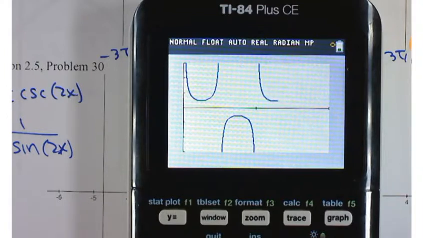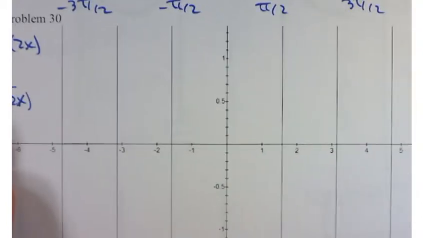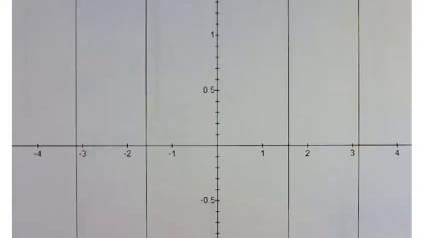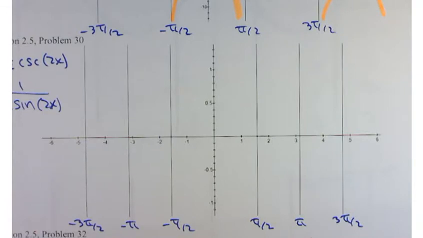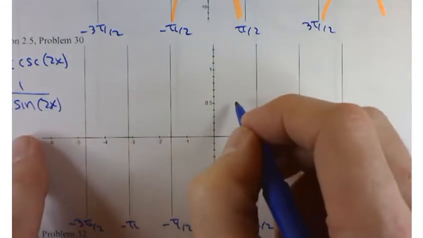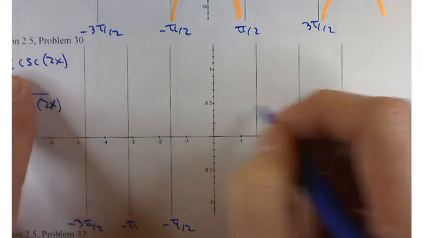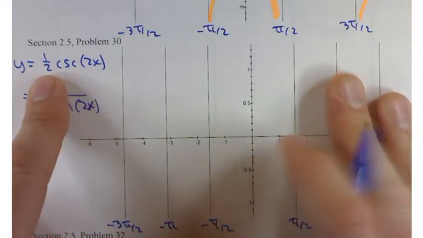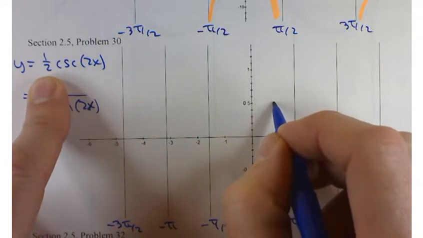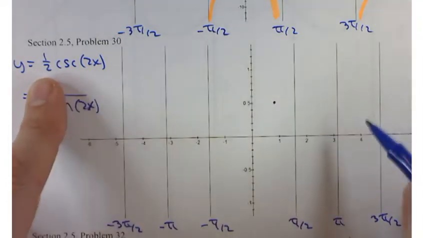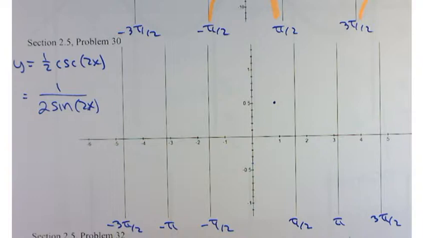What information do you think I got out of this graph that I needed? Where's this first cup going to face? Up. So that's what I needed. It faces up. It gets down to what point here on the y-axis? 0.5. That's our coefficient, and that's what tells you how far down it gets.